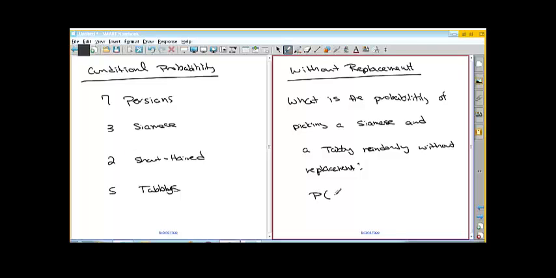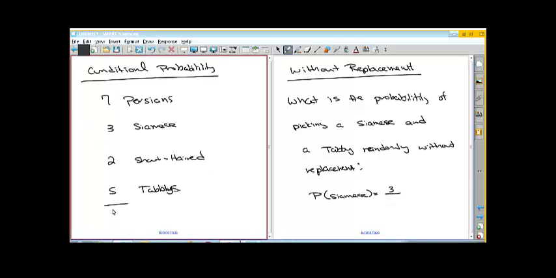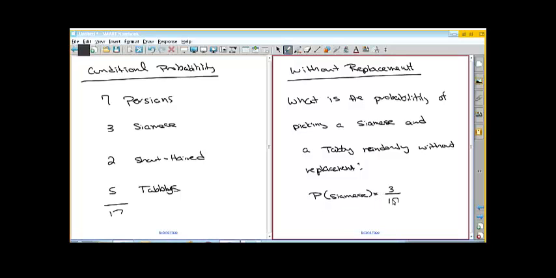The probability of picking a Siamese is the number of favorable events, here picking a Siamese. There are 3 Siamese, divided by the total number. If we add these together, we get 17. So the probability of picking a Siamese initially is 3 out of 17.